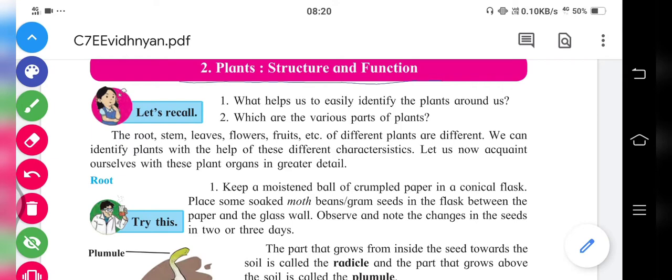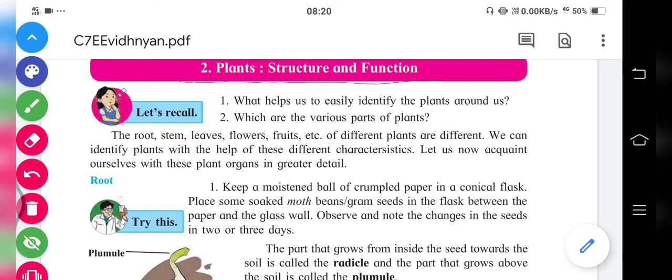But inside the ground there is another very important part of the plant, the root. Stem, leaves, flower and fruit are parts of the plant. By studying these parts we can identify the types of plants.